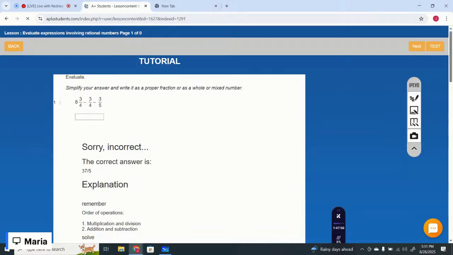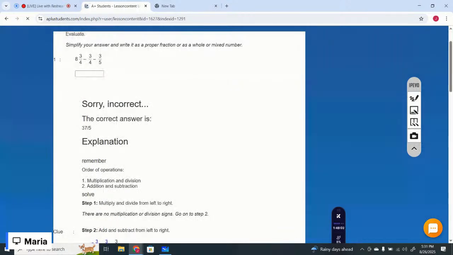So let's just evaluate, right? Basically we are given more than one operation. We need to learn the order of operations. First we have to multiply and divide, then we have to add and subtract.